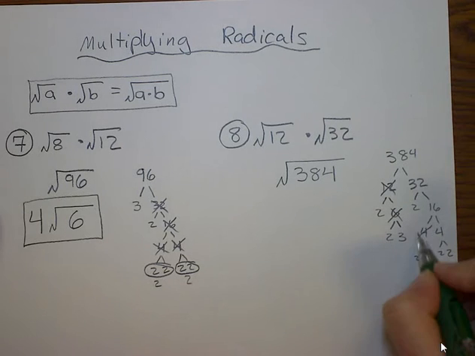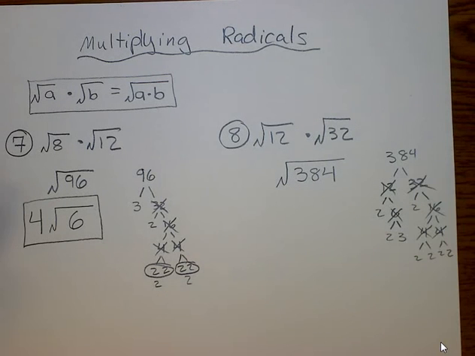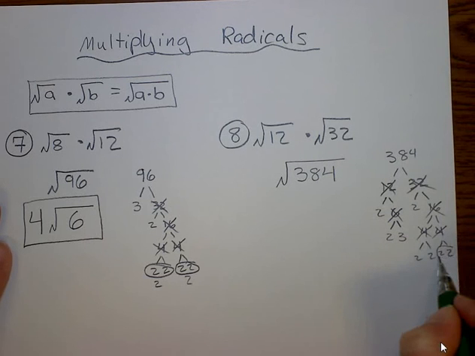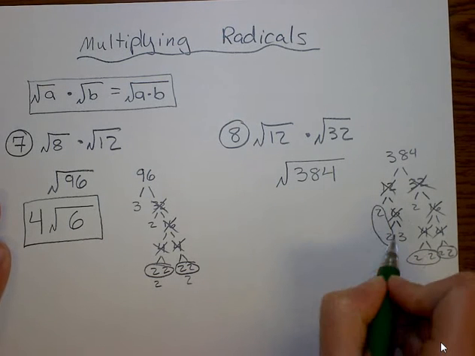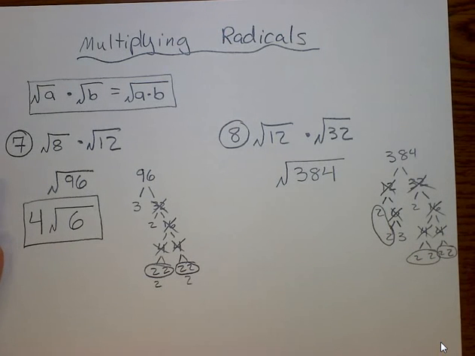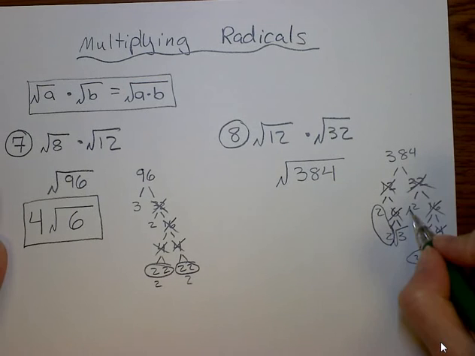Remember, all the ones that are not prime numbers have no consideration, they don't matter. We factored the 384 into prime numbers, and we start circling pairs. So these two 2's can go on a date. These two 2's can go on a date. These 2's can go on a date. And then it looks like we only have the 3 and the 2 left, so those cannot go on dates.